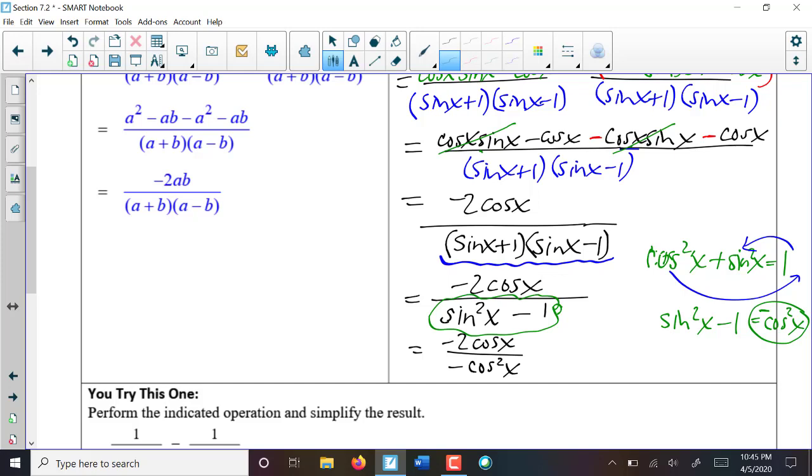And then hopefully you can see we can simplify because I can take a cosine out of the top and the bottom. And a negative divided by a negative is a positive. So I still have a factor of 2 on top. But if I take the cosine out of top and bottom, I divide one out here and I take one out there. So I'm left with 2 over cosine x.